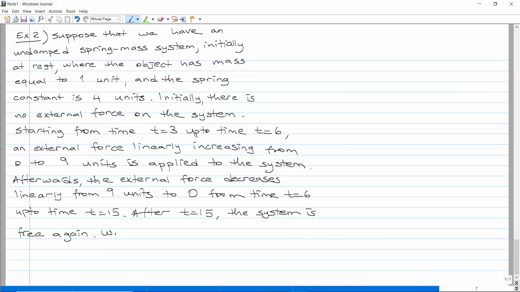Write a differential equation that models the system and solve it.